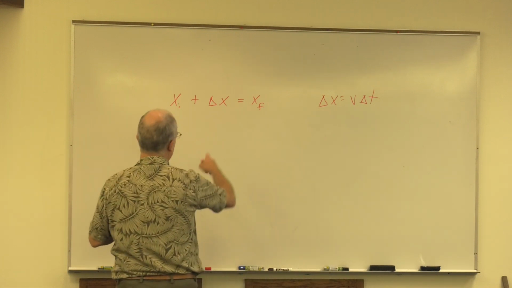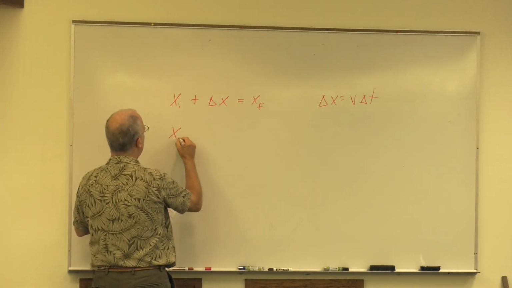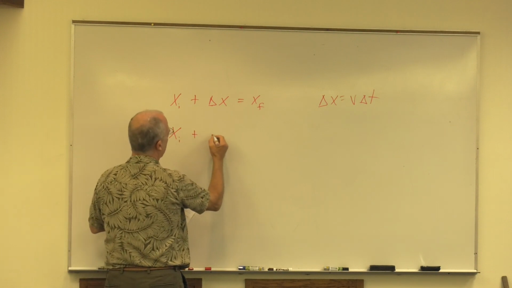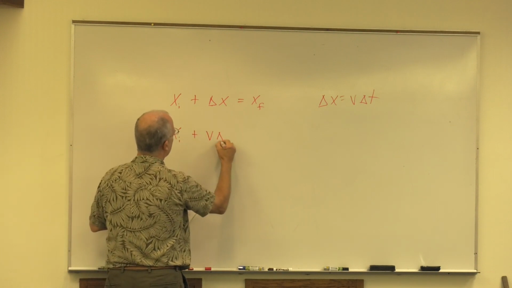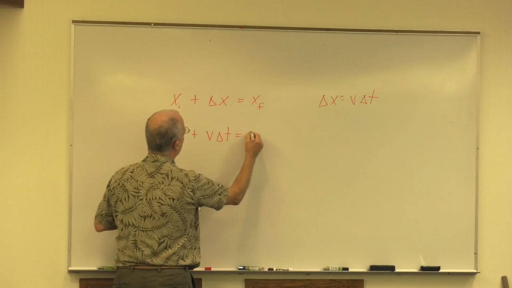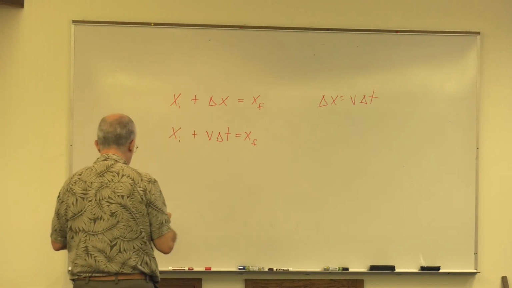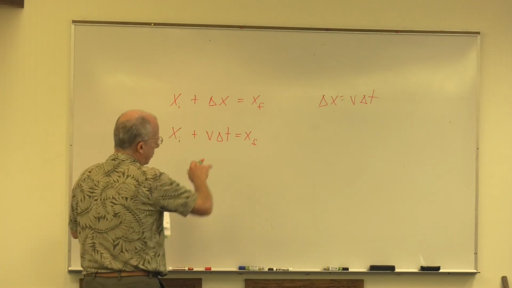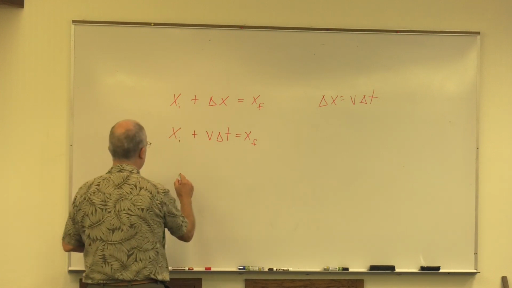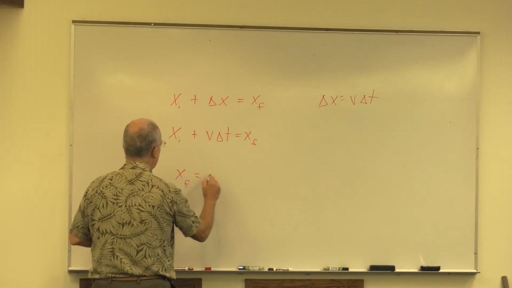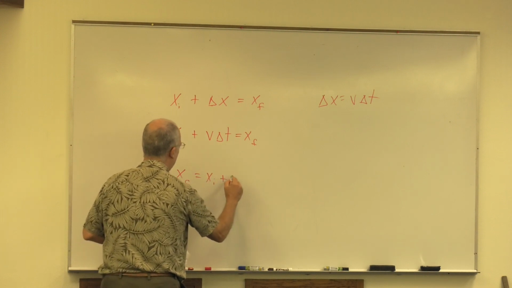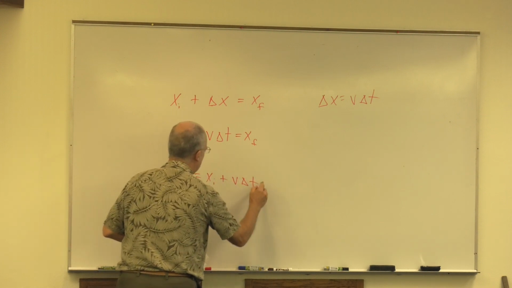All right, so let's substitute. We have x initial plus v delta t equals x final. Let's rewrite it: x final equals x initial plus v delta t.